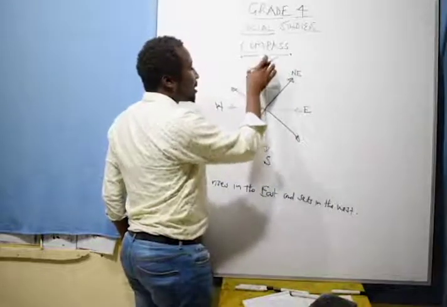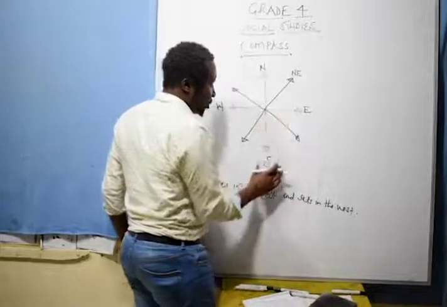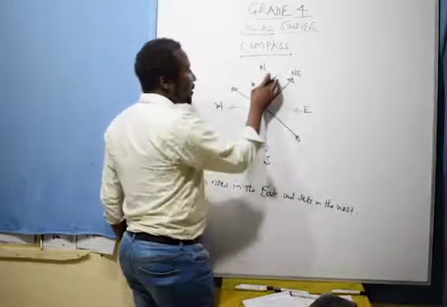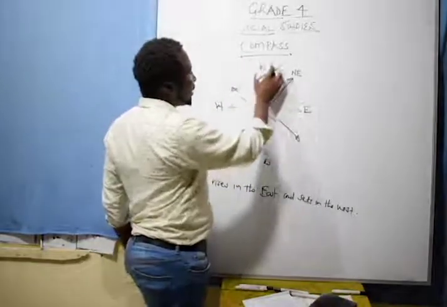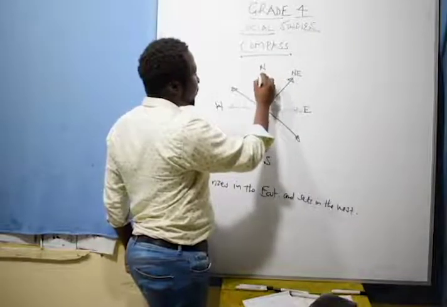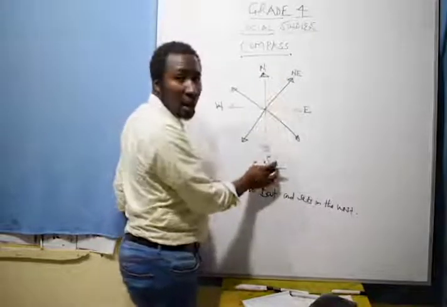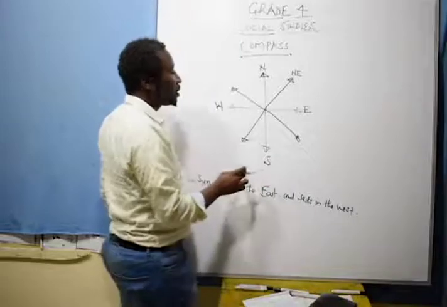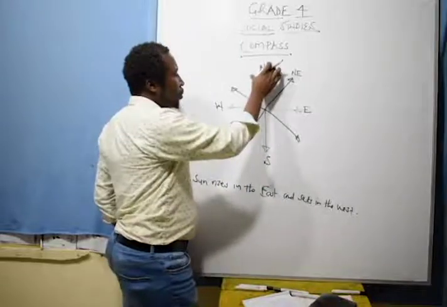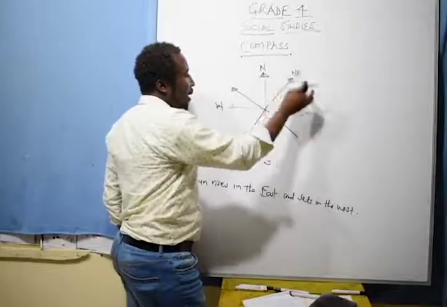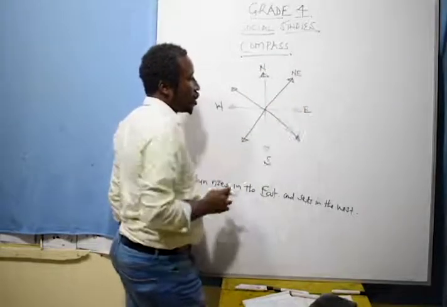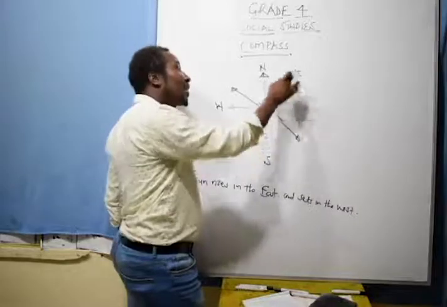What do you take? The point that is at the top or at the bottommost. So as we start here, we don't take the middle. We take either the top or the bottom. The topmost here is north. So we start with north and then take east. We don't start with east, then north.